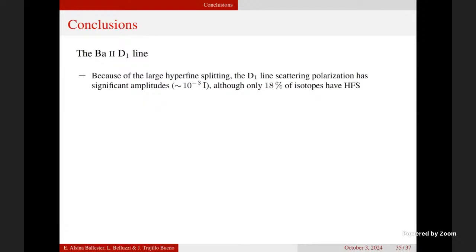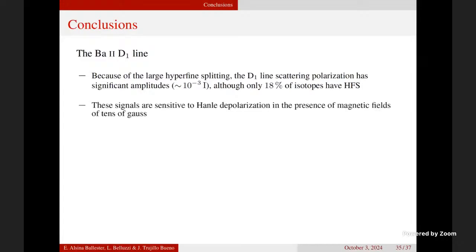And now as conclusions for the barium lines and the potassium lines, I start with the barium D1 line. Because of its large hyperfine structure, the scattering polarization has significant amplitudes in the D1 line, even though only 18% of isotopes by abundance have hyperfine structure.